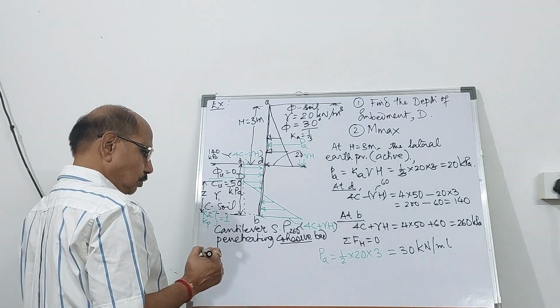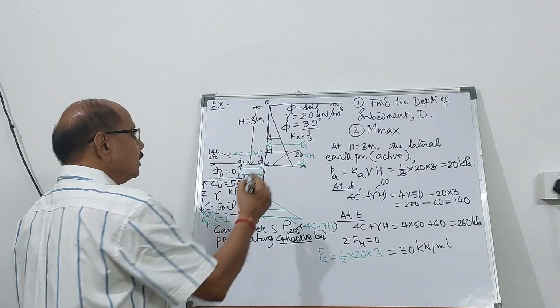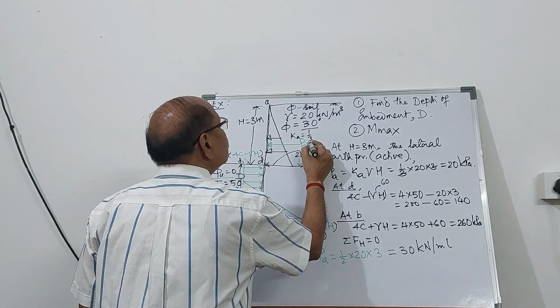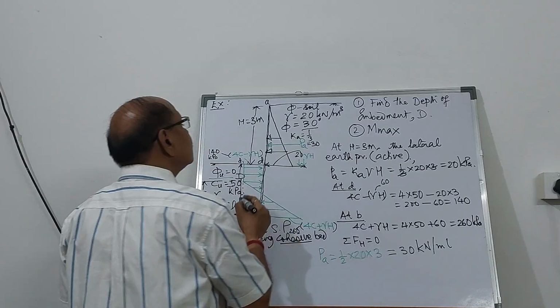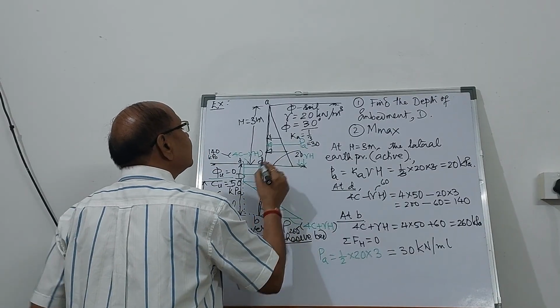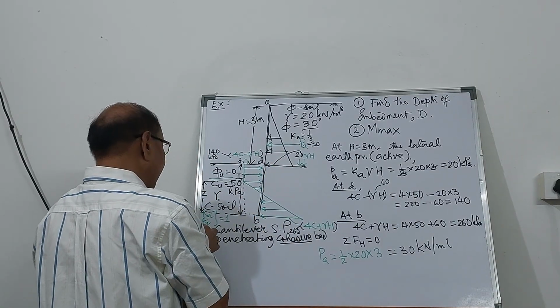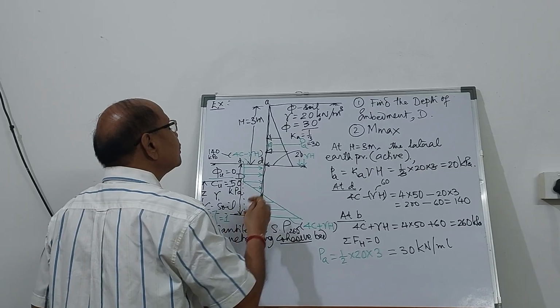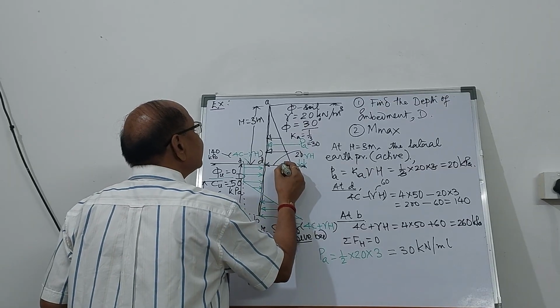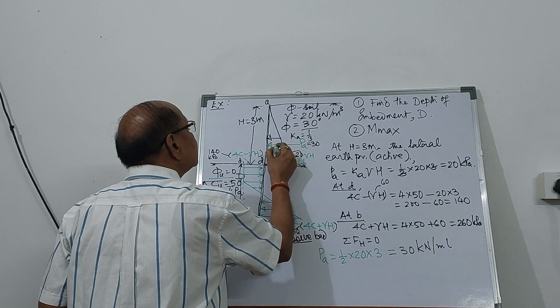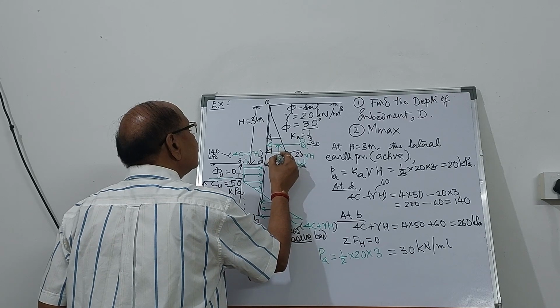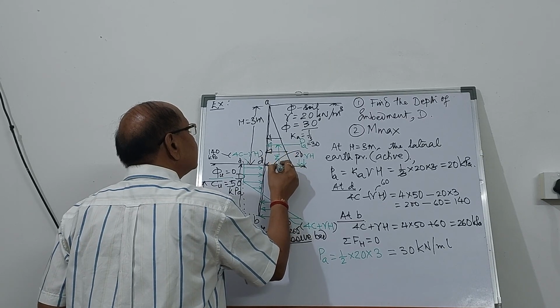So this magnitude is known to you, 30. And let's say the point of application of this PA from the dredge line is Z bar.